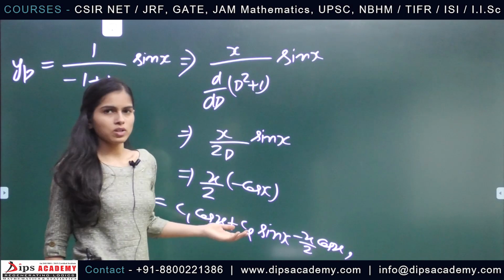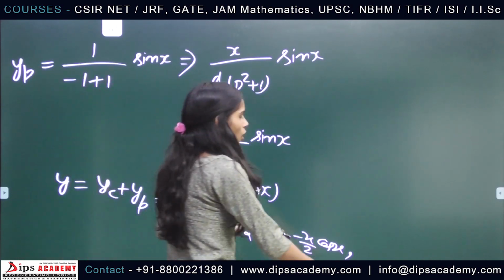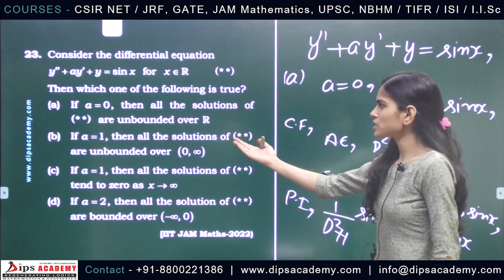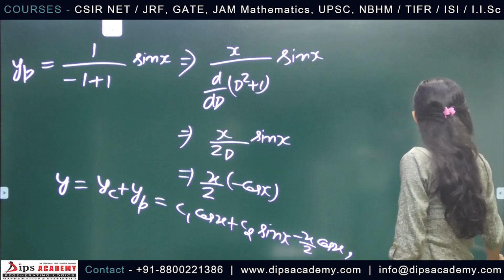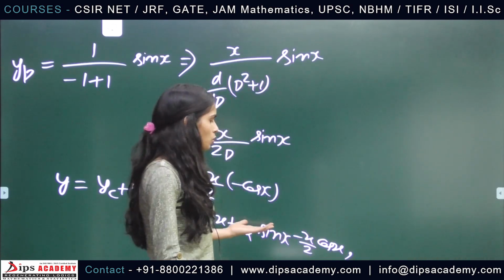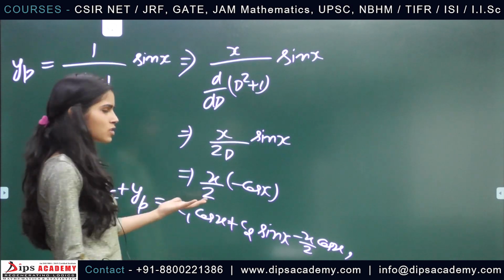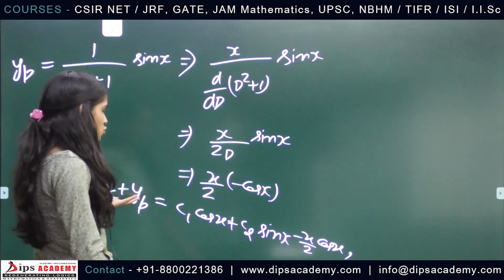In the first option they were talking about the boundedness of this solution. They are saying that all the solutions of this differential equation will be unbounded over R. For boundedness over R, we check the limit as x tends to infinity and as x tends to minus infinity.